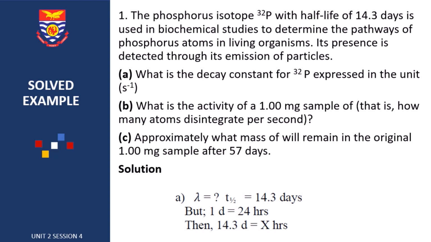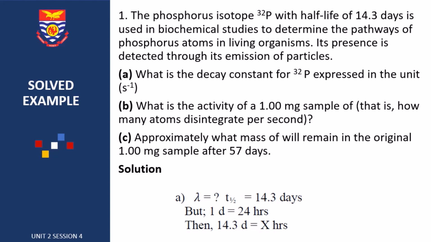Its presence is detected through its emission of particles. A. What is the decay constant for P32 expressed in units per second? B. What is the activity of a 1 milligram sample of P32? C. Approximately what mass of P32 will remain in the original 1.0 milligram sample after 52 years?